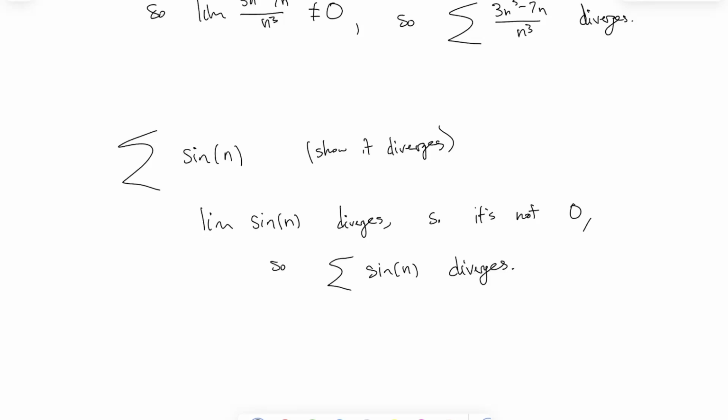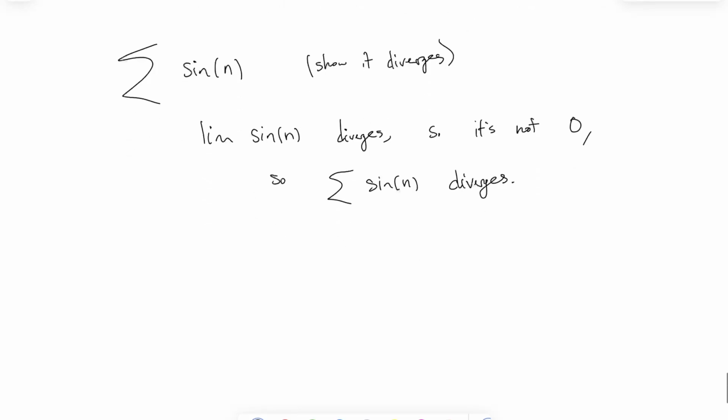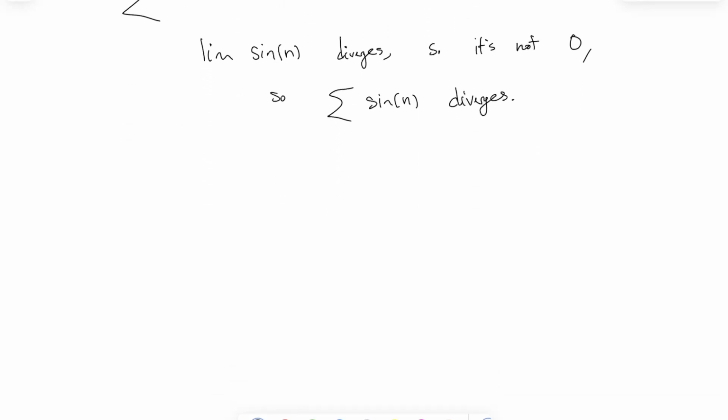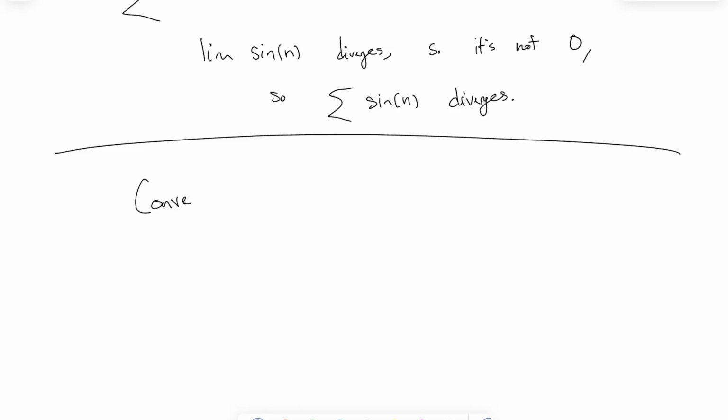All right. We can start a little bit of chatting about what we're going to talk about in detail next time, which is the first of our convergence tests. So convergence is hard. It is hard to tell what things add up to.